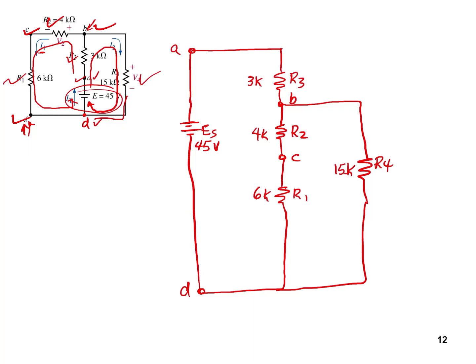And so what's our next part of our process? Determining our total value. So we're going to say that our total, starting from the branch farthest away from the source, is that we're going to pack up R4 in parallel with the series combination R1 plus R2.